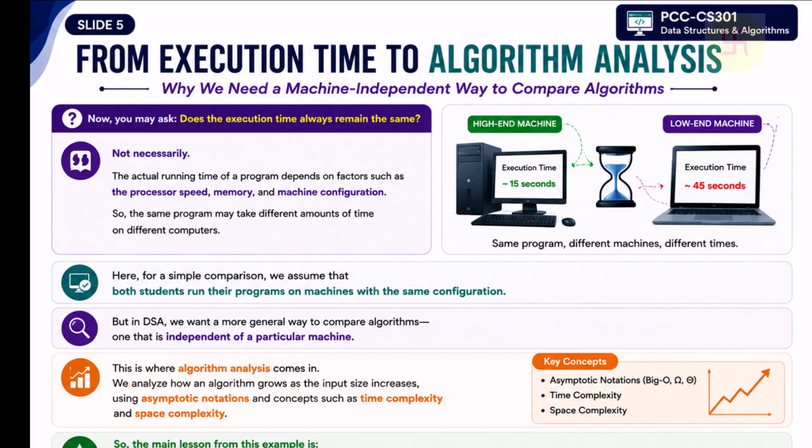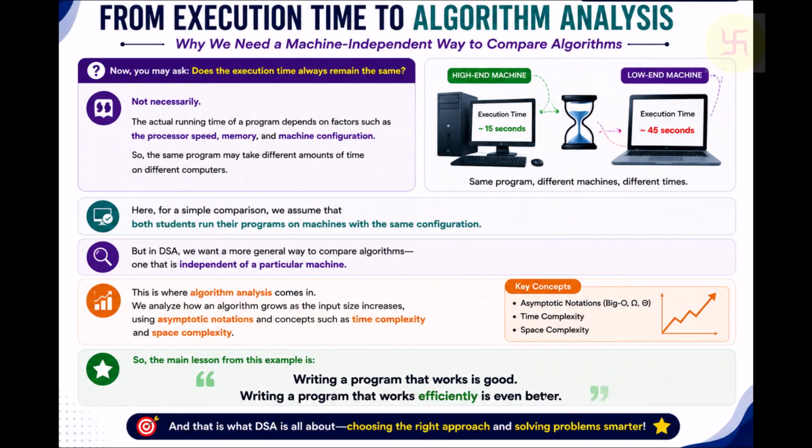So the main lesson from this example is: writing a program that works is good. Writing a program that works efficiently is even better. And that is what DSA is all about, choosing the right approach and solving problems smarter.